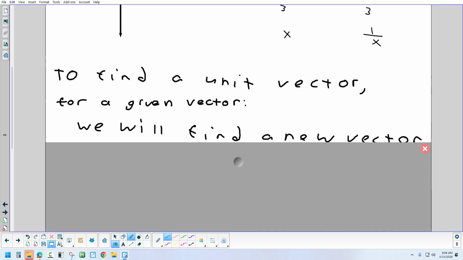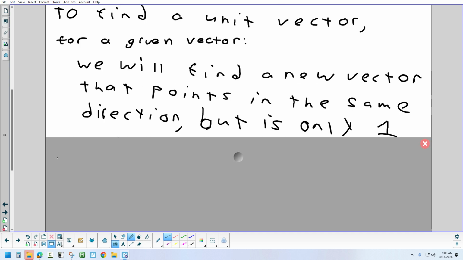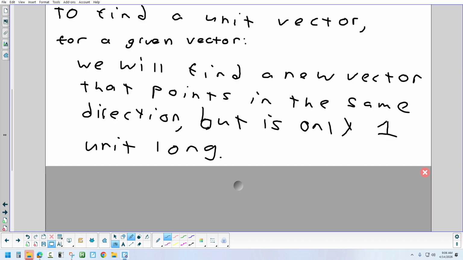All right, let's write that down. We're finding a new vector that points exactly the same way as the old one, but if it wasn't 1 unit long, it will be now. I'm going to use the letter U to represent a unit vector. Let's say we had the vector V. We don't know if V is a unit vector right now. It's just a vector.